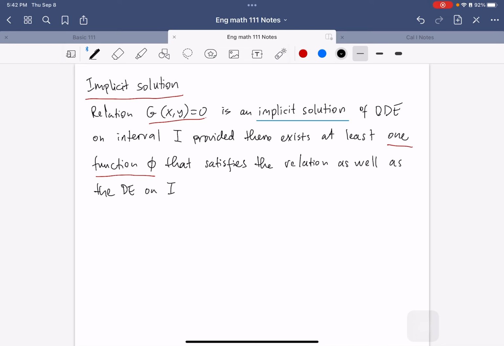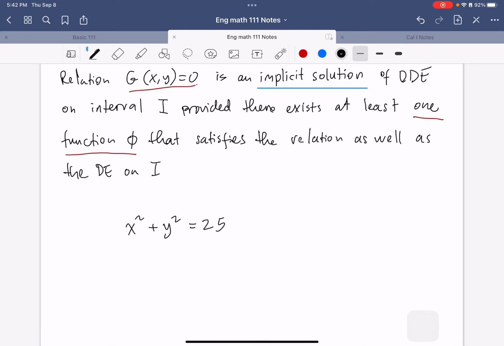Okay, remember in calculus, we developed the implicit solution from the equation of a circle, if you remember. The equation of a circle, for example, we have x squared plus y squared equal 25, right? And of course, now you're already familiar with implicit differentiation. Let me just take d/dx at the front. We just need to differentiate x with respect to x, so it's just differentiation as usual.